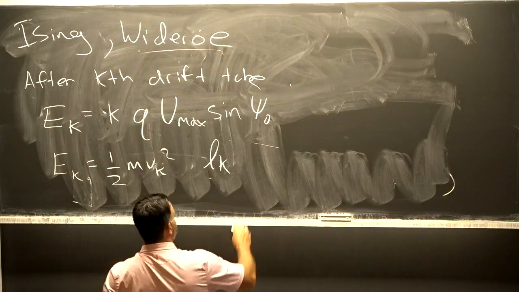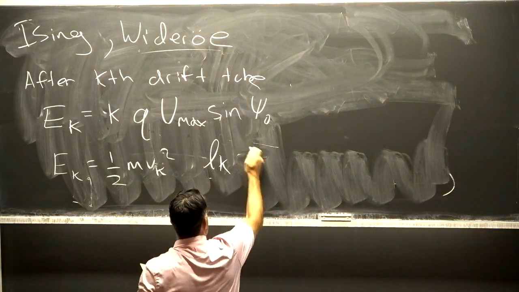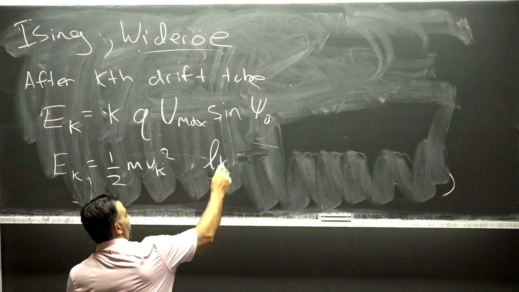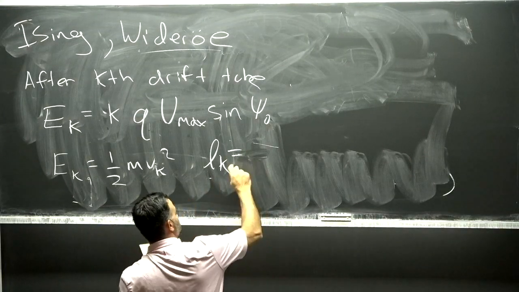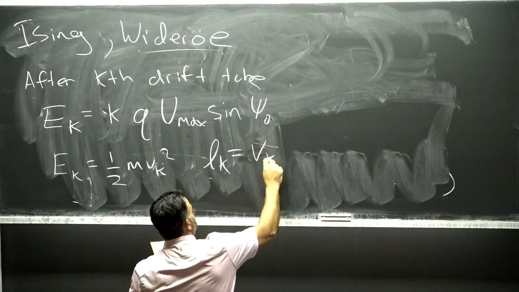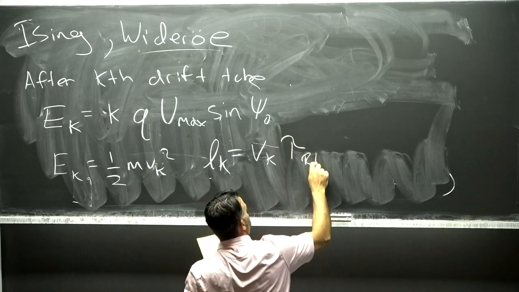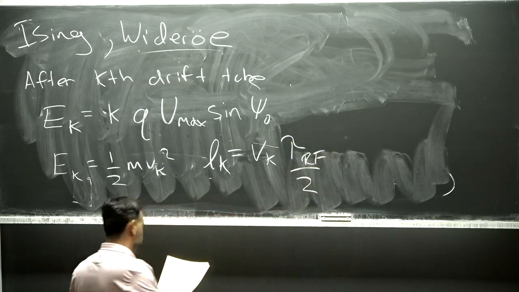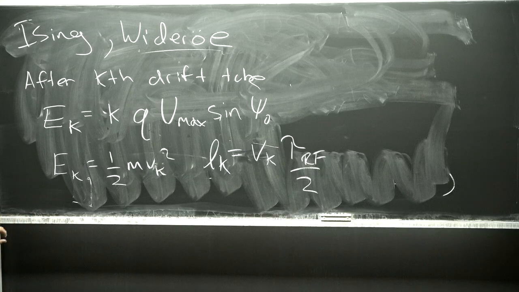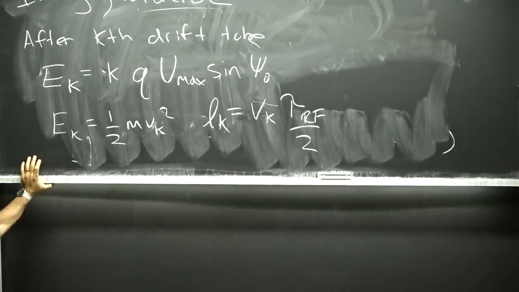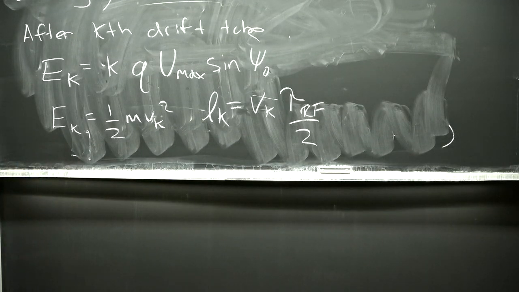So if my drift length has to be exactly given by the period of the RF, we can write this as v_k tau_RF over 2. Okay? So what this tells us is that if my velocity keeps changing because I keep accelerating, I'm going to have to keep spacing out the drift tubes to do this.